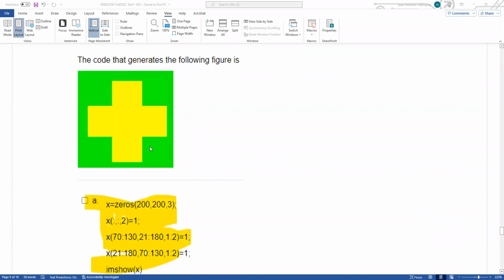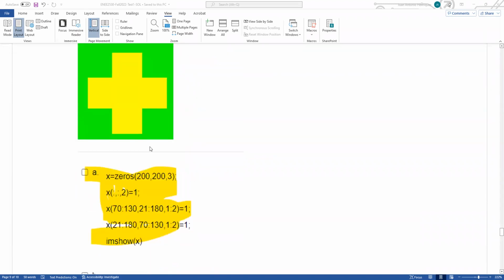This one, very similar again. We can go over it one by one. But again, you're generating all zeros for each of the three matrices. And then you start green, because green is 2, to all ones.